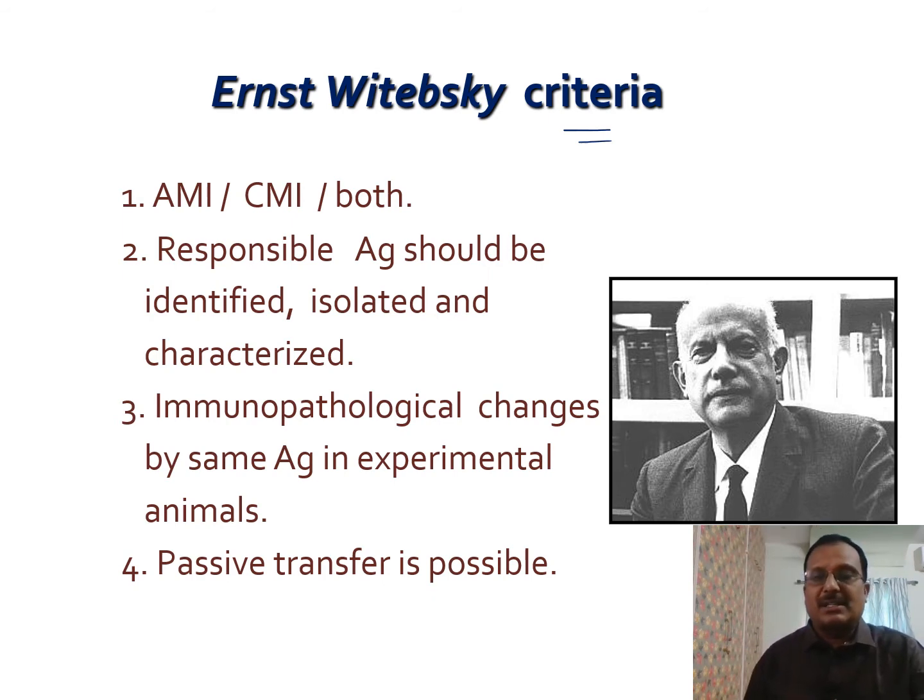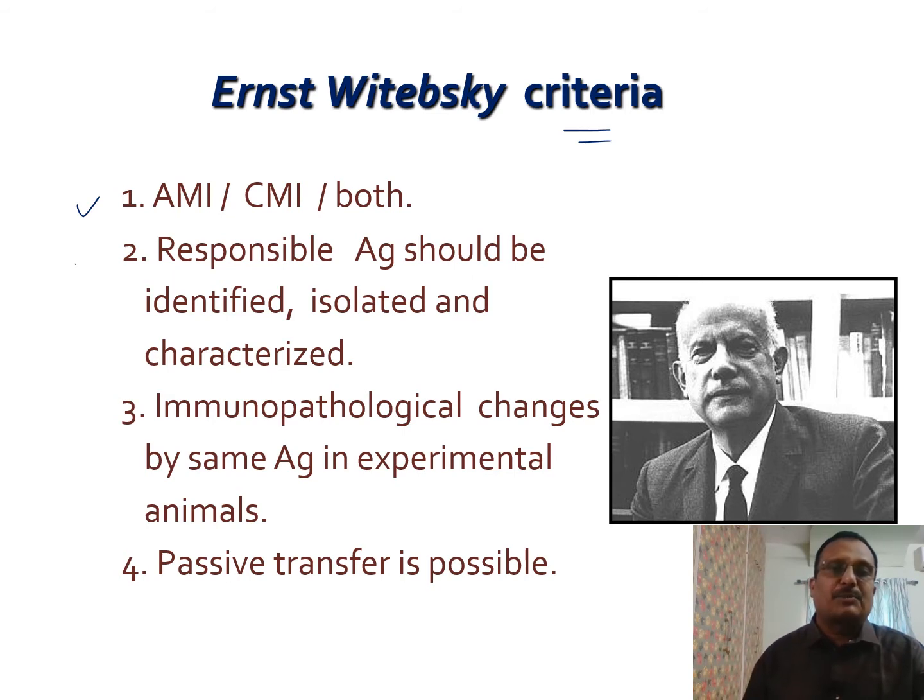So in any case of disease, if you would like to confirm it as an autoimmune disorder, in that particular individual either the antibody mediated immune response or the cell mediated immune response has to be activated.